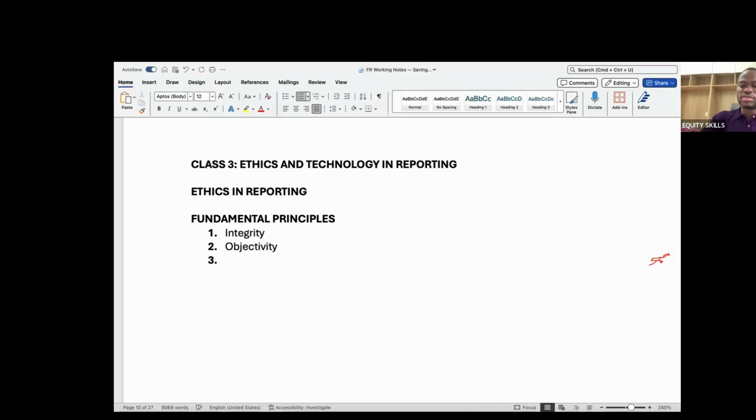Another fundamental principle that we need to uphold is professional competence and due care. As an accountant, you need to continually update yourself. You have to be very competent in your work delivery.